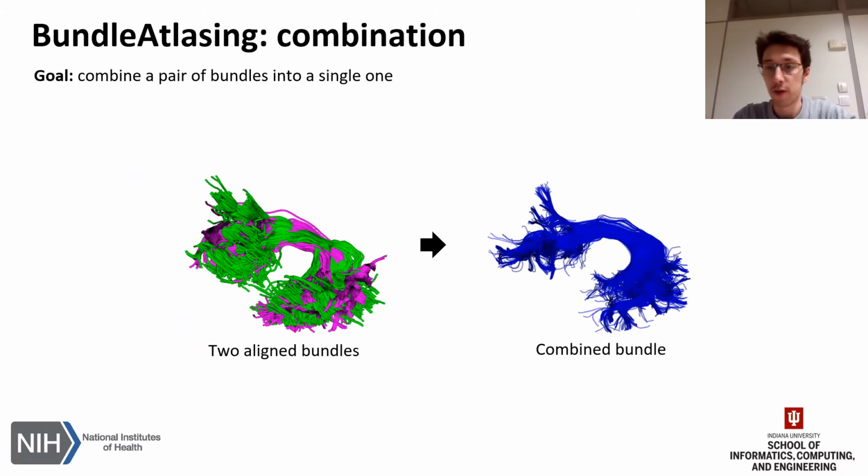As I mentioned before, the pairwise tree strategy of BundleAtlasing has 2 main key elements. The first one is registration, what we just discussed, and the second one is bundle combination. So now we have already solved the registration problem, so each pair of bundles is already aligned, and the next question is how do we combine them into a single one that captures the anatomy or the traits present in both bundles.